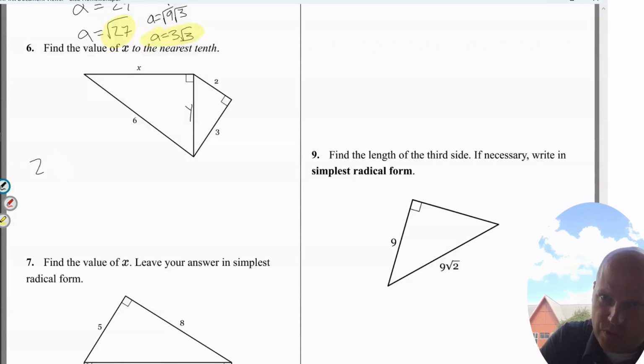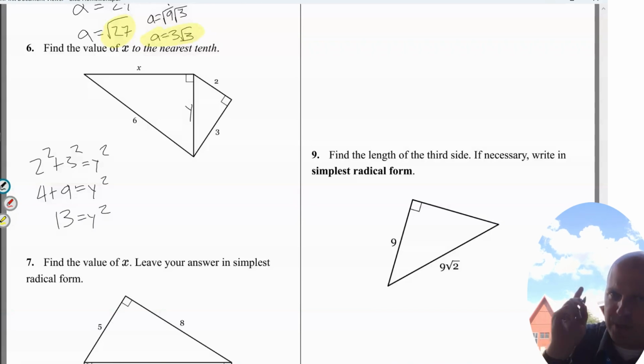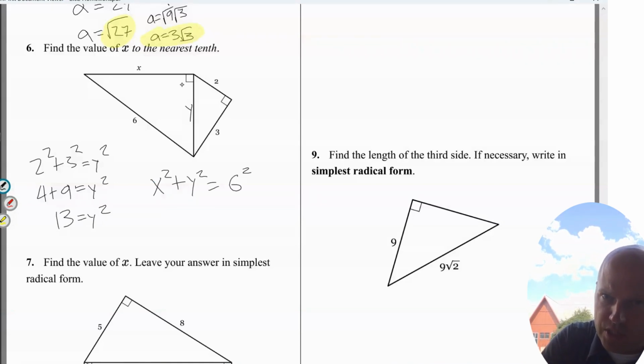So we start with 2 squared plus 3 squared equals Y squared. I'm just going to leave it as this, because watch. X squared plus Y squared equals 6 squared. This triangle has got that 6.